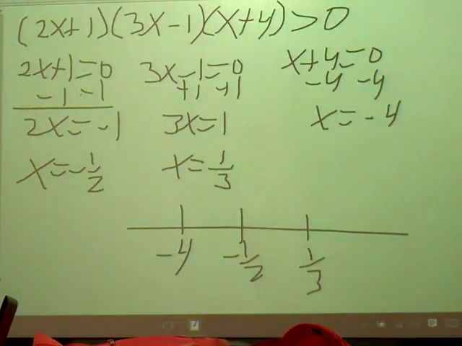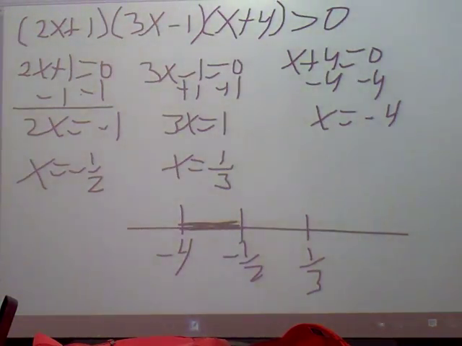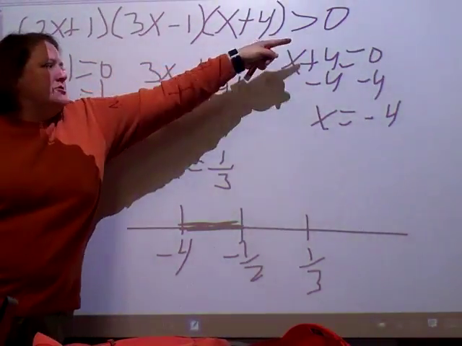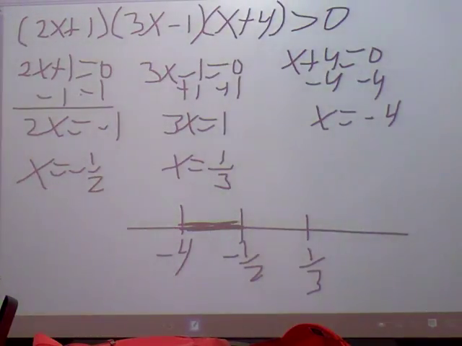So that one is true. A positive is bigger than 0. So we will shade between negative 4 and negative 1/2. What kind of marks will I surround that with? Brackets or parentheses? Parentheses, because it doesn't have a bar under the sign. So it's just parentheses on both of them.